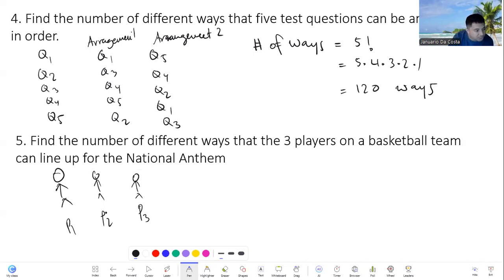This is just one way of arranging them together, right? But you have all the different ways. You can put player 2 first, then player 3, and then player 1. That's another way.